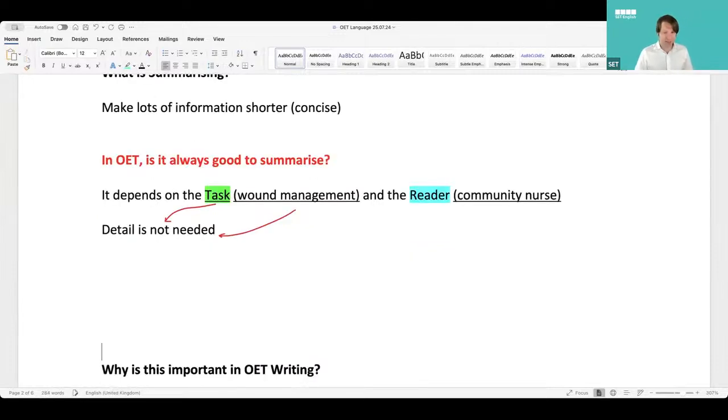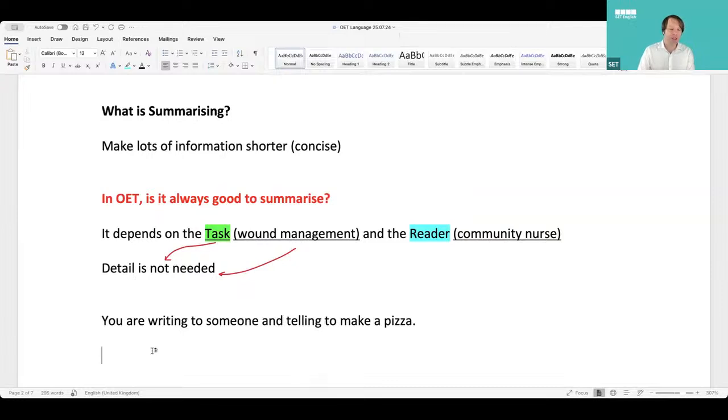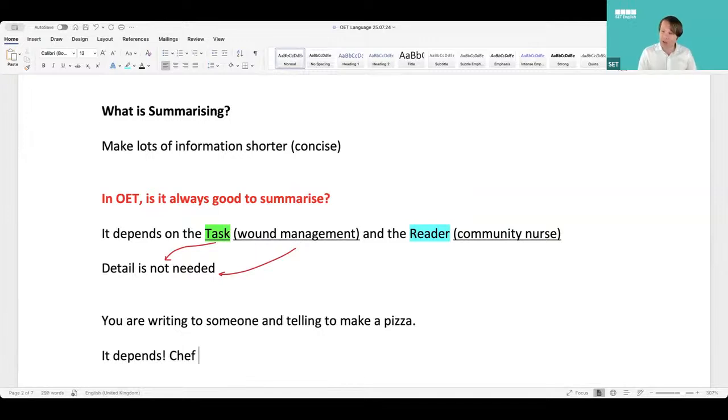Let me give you an example. You're writing to someone and telling them to make a pizza. Do I need to summarize or not? It depends, right? If I'm writing to a chef, can I summarize?